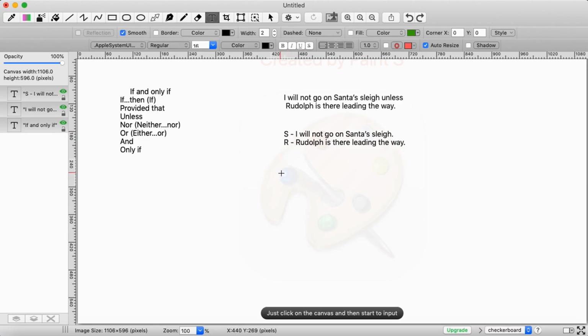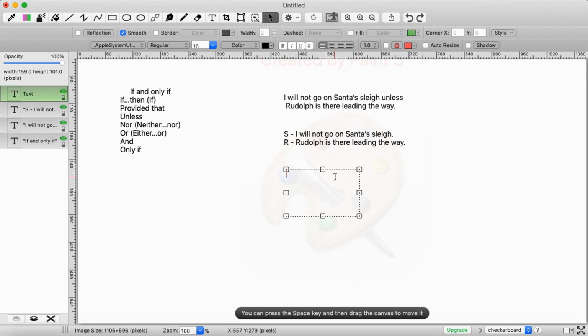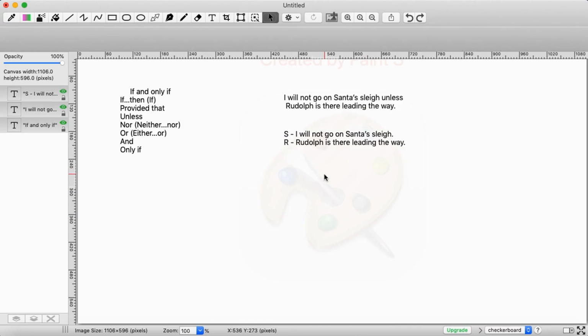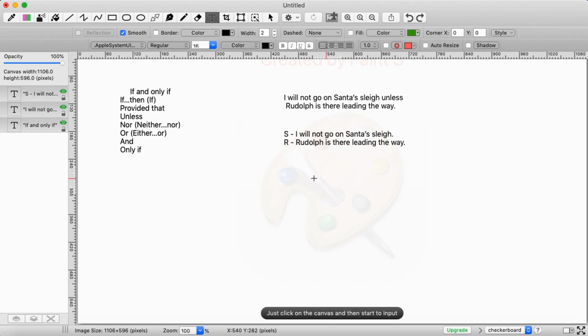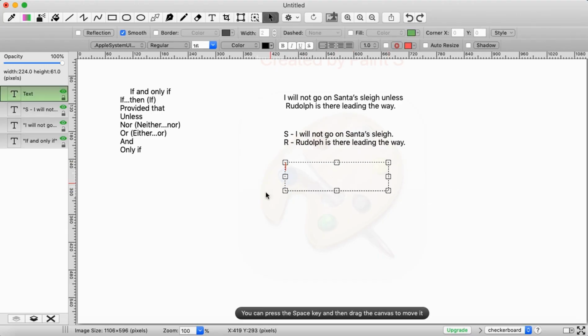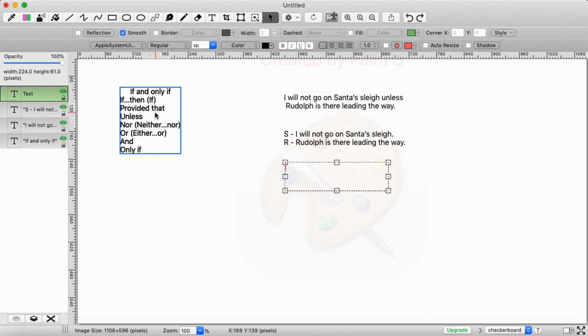You saw it with NOR. If we were to do AND, let me write out a statement. I think AND is the easiest statement. Actually, I said provided that's the easiest statement. Provided that and AND are my two favorites because they make the most sense.